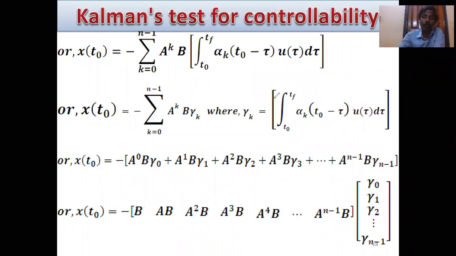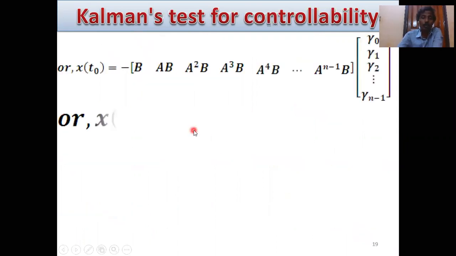So this is the x(T0) equation, and [B AB A^2 B A^3 B A^4 B ... A^(n-1) B] is equivalent to Q_c.